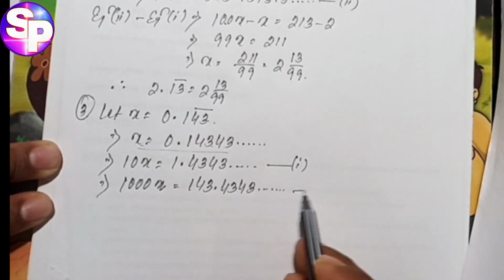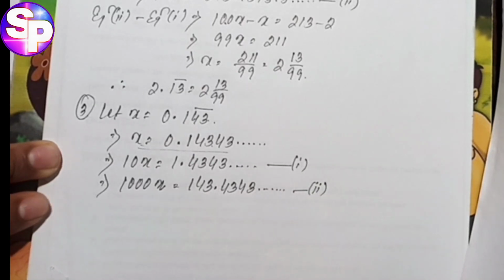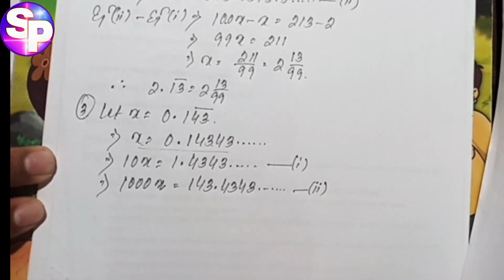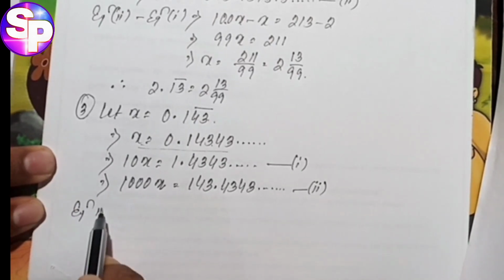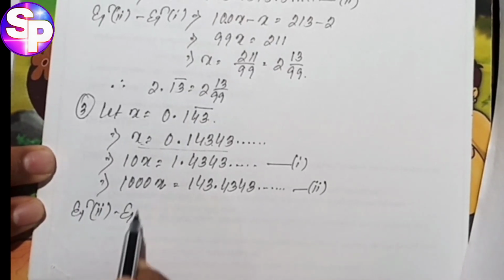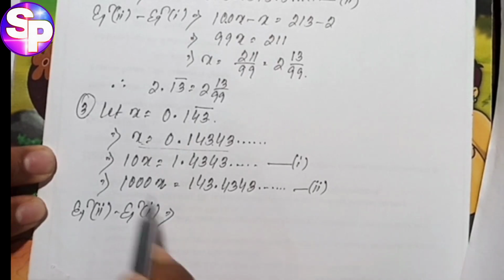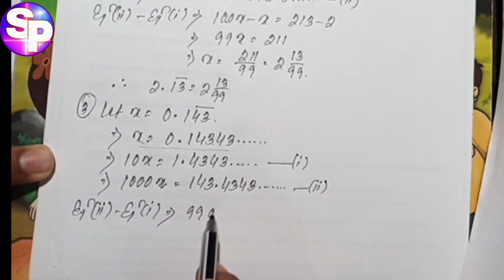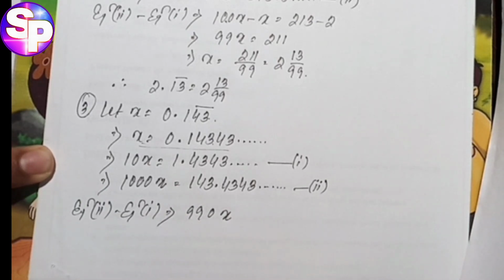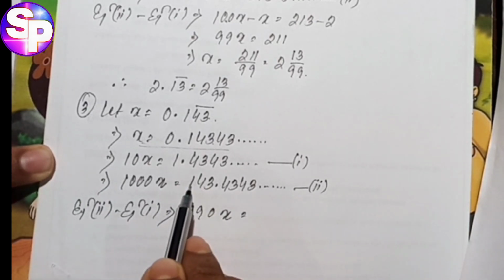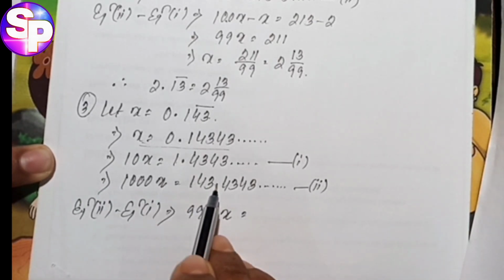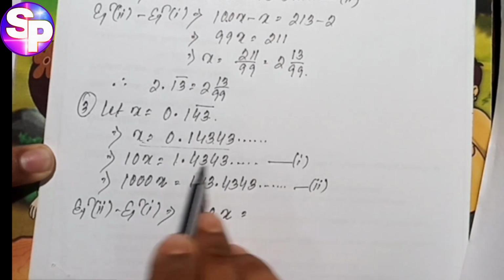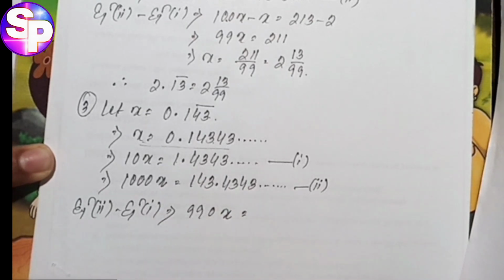The same formula: equation 2 minus equation 1 we are going to do, that is 1000x minus 10x, that is how much? 990x, right? Is equal to the same thing, 143 minus 1, because after the decimal places this infinite number of 43s and here also infinite number of 43s are there, so this cancelled. 143 minus 1 is 142, right?